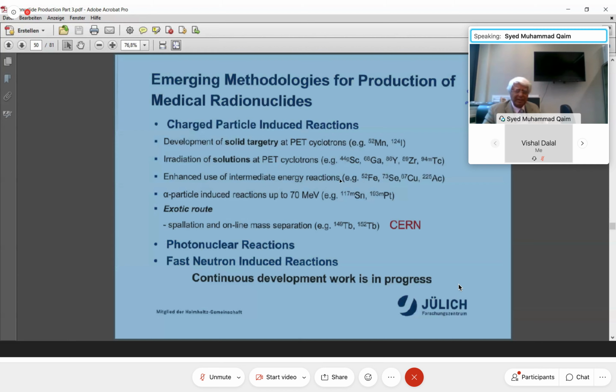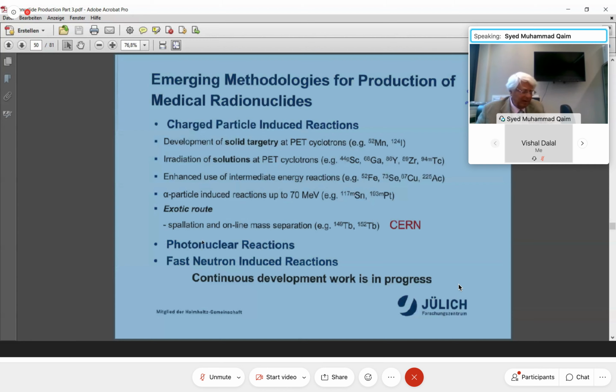We've also seen intermediate energy reactions are being used for PET, coming up to about 100 MeV. We've seen alpha particle induced reactions are used for some isotopes. Exotic reactions are being used, for example in Russia and I have said in CERN. It's a mixture. The technology develops also the methodology of production of radionuclides.